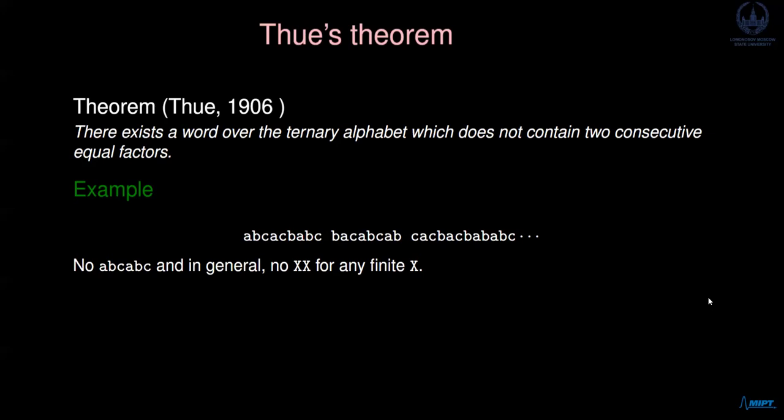Here's an example sequence. You can see the picture. If you look closely, you will notice that none of these segments repeat any block twice in a row. For instance, you won't find a repeating pattern like ABC, ABC, where the block ABC occurs twice consecutively.